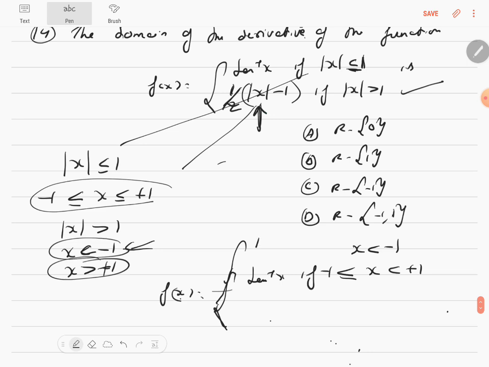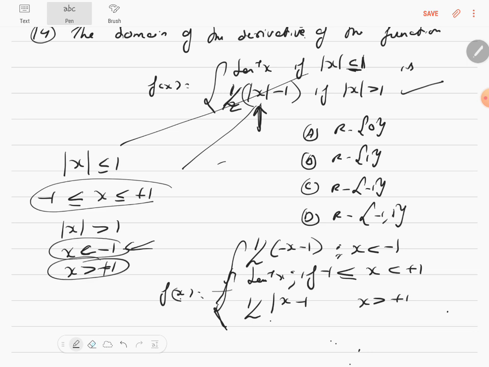So can I write half of minus x minus 1 while redefining this? And next is for this condition, and if x is greater than plus 1, we can write half of mod of x minus 1.